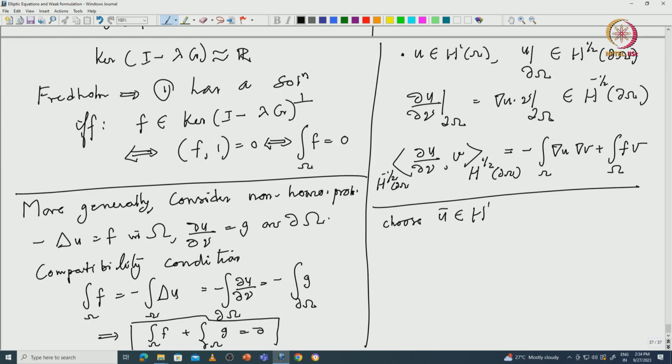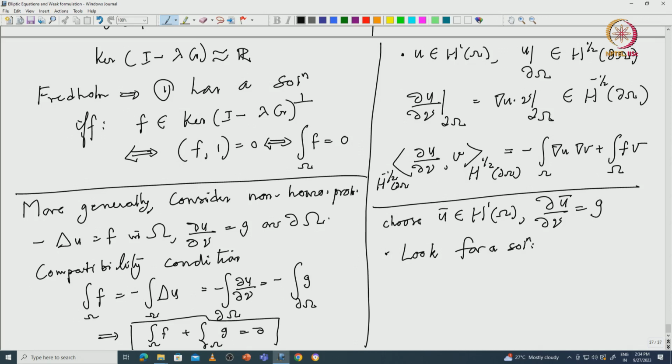Of course, if you start with a g in H^{1/2}, it is better. So you can choose ū in H^1(Ω) with dū/dν equal to g first, and then look for a solution. These are the same steps you have to follow.